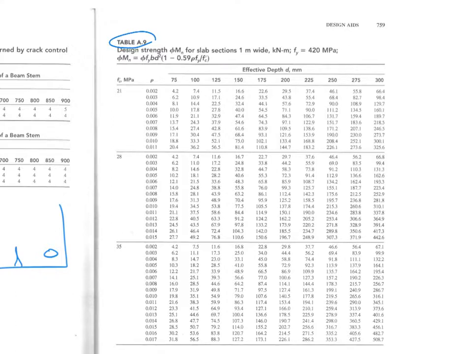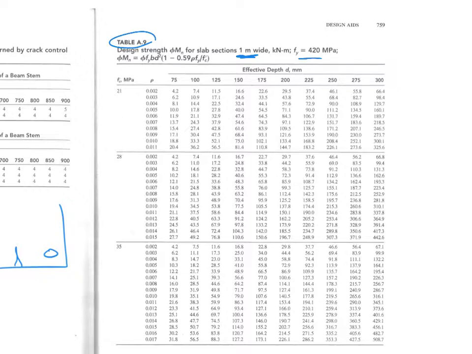Right? Yeah, what are we doing here? Now, for a slab with a 1 meter width, because remember the beam has so many variables, right? But for a slab, one of the variables is gone, which is that all slabs have a width of 1 meter, because you're designing 1 meter per slab.